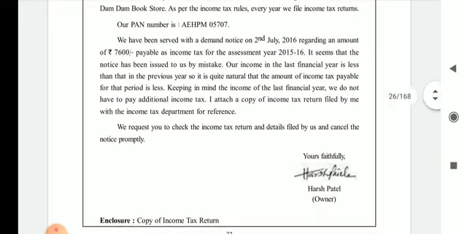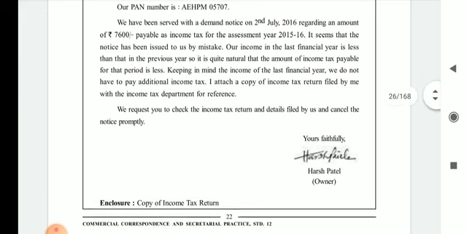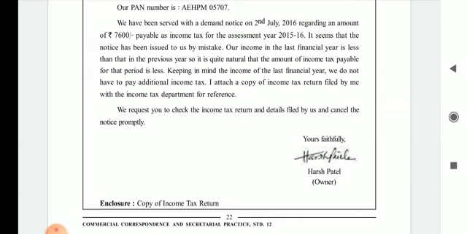Our income in the last financial year is less than that in the previous year. So it is quite natural that the amount of income tax payable for that period is less. Here they also mention that the income of the last year is quite low compared to the previous year. And as you know, when the income is low, they are not able to pay the tax.